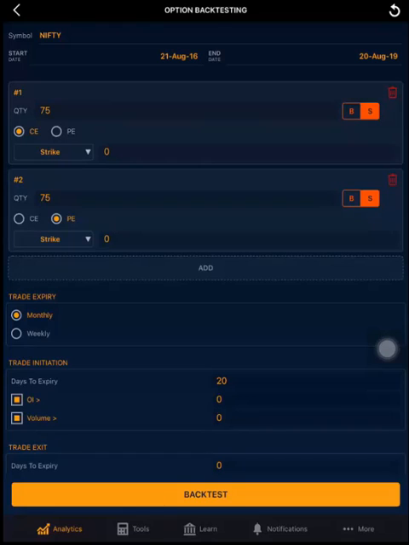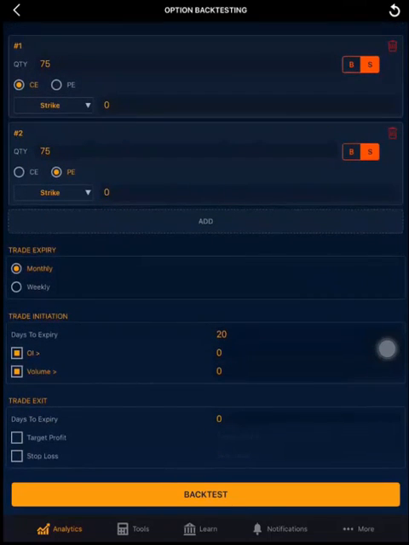CE means call, PE means put, and buy or sell, you are defining it. I'm defining via strike. Strike 0 means at the money, so in both cases it is 0. Now I have selected monthly expiry. I'm entering the strategy 20 days before expiry, and I'm holding on till expiry. So 0 means expiry day. Backtest.